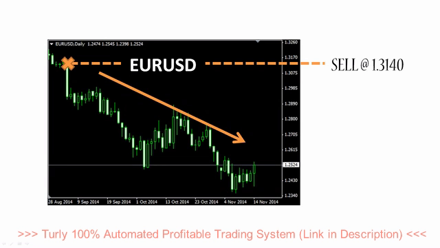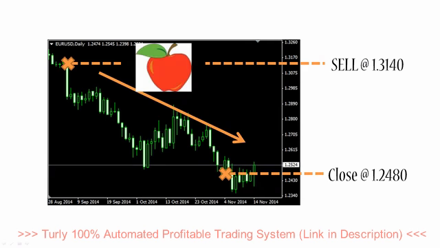He would sell at about 1.3140, and as we recall, that means that every 1 euro is worth 1.3140 US dollars, and then he would close the transaction at about 1.2480, meaning that at that point in time, every euro is worth only 1.2480 US dollars.